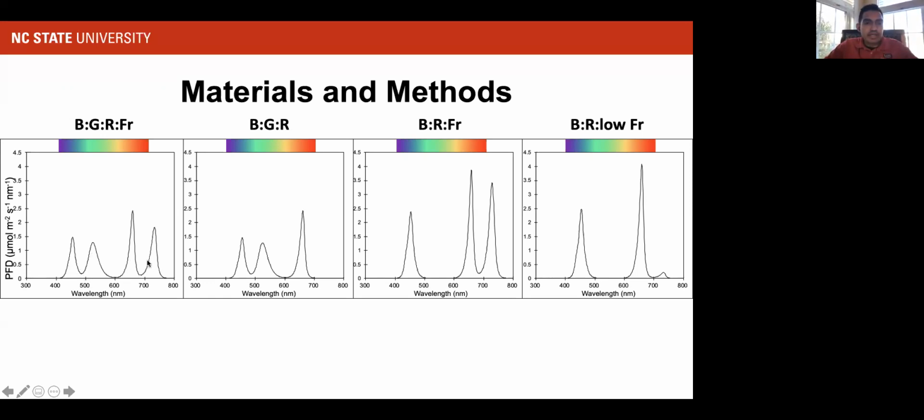And then you have one where we remove the far red out of the spectrum. And then we have one where we left the far red, but we remove the green while keeping the same ratio between the blue, red, and far red. And then you have one where we remove the green and we put just a little bit of far red, trying to see if we find a response with a little bit of far red.